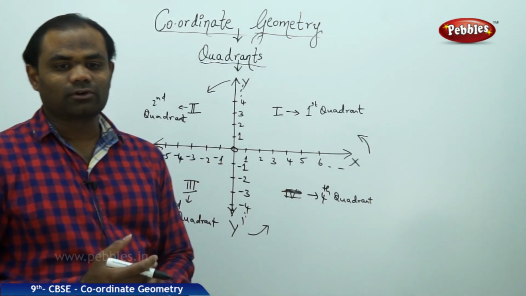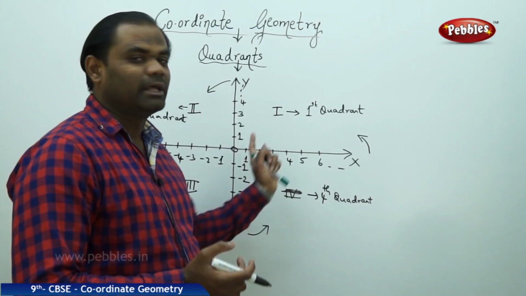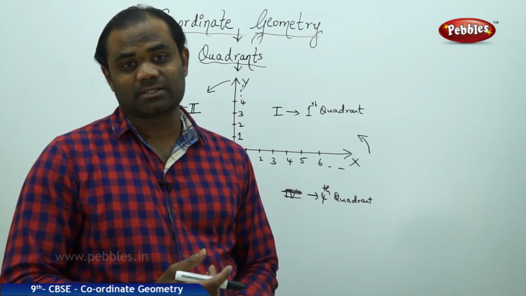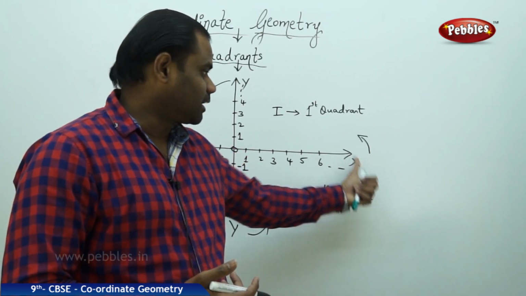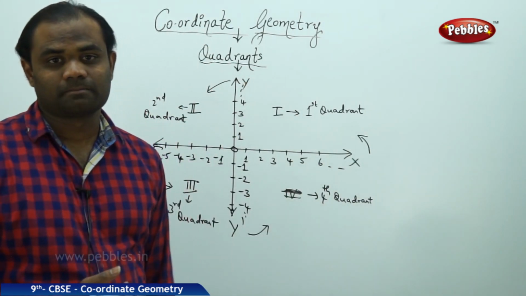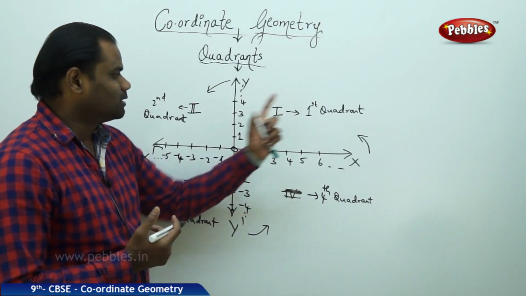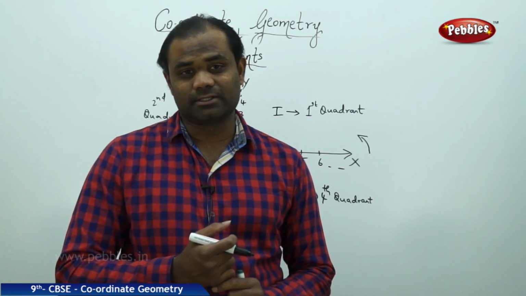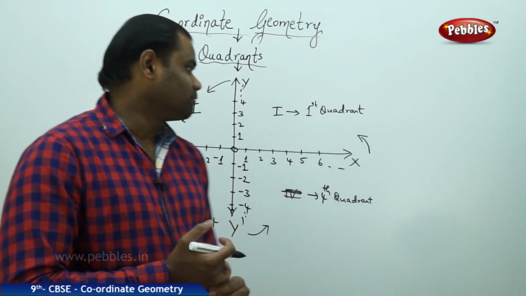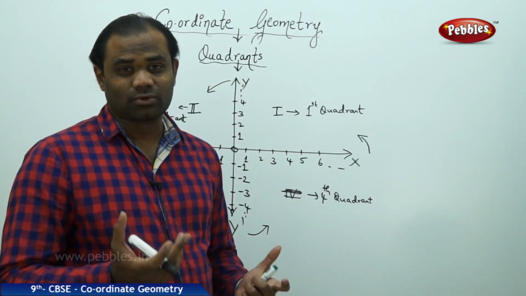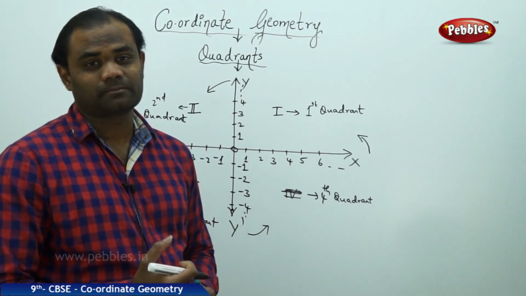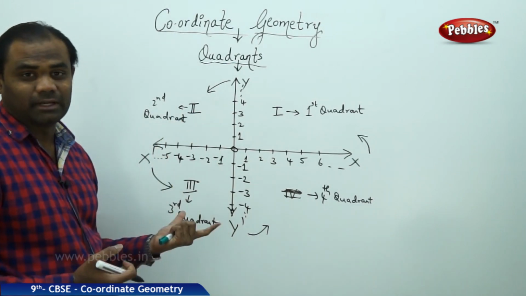So there are totally 4 quadrants which the whole plane is subdivided into by the 2 perpendicular lines, x-axis and y-axis. So using this, let's see what each of the quadrant has to play its role in the coordinate system. Now coming to first quadrant, what is its role in the topic of coordinate geometry? Let's see each of them.